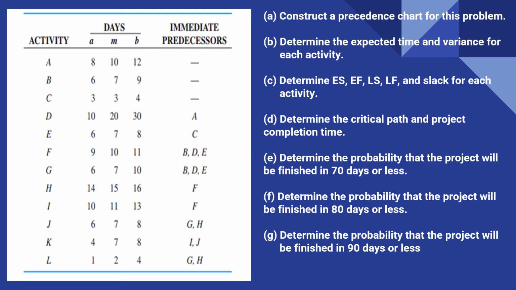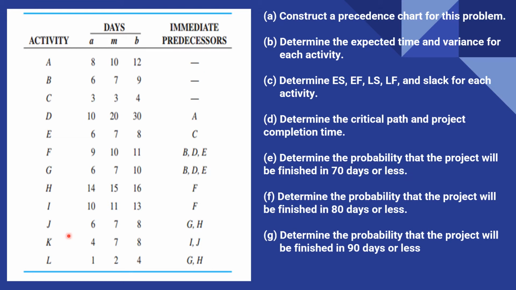So these are the activity days. There are 3 time estimates, so we will be using PERT analysis. Okay, so these are our immediate predecessors.